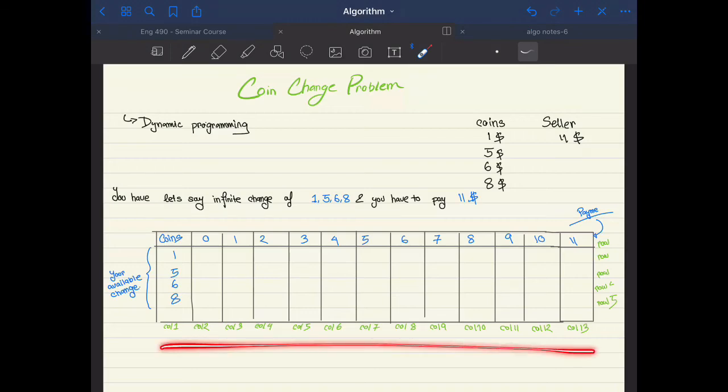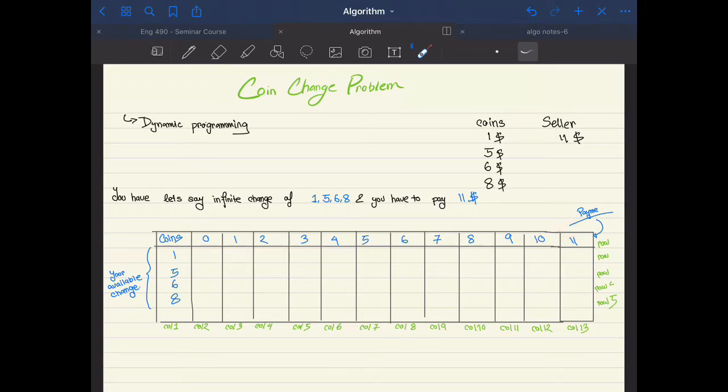This is basically the table that we would be working with, and in this table this portion means that these are the coins that are available to us. So we have 1, 5, 6 and 8, and this is the amount that we will be working with. So 0 means that the seller wants $0 from you, and 11 means the seller wants $11 from you.